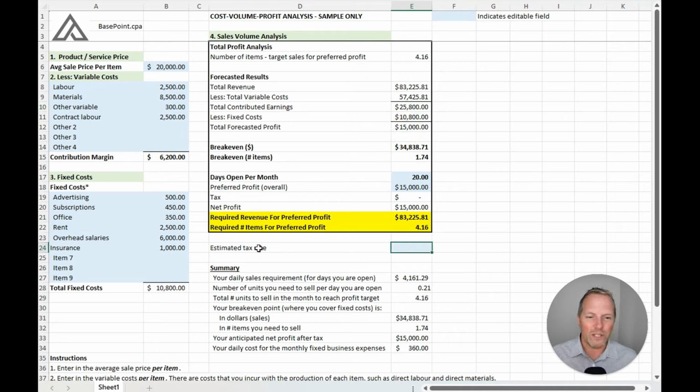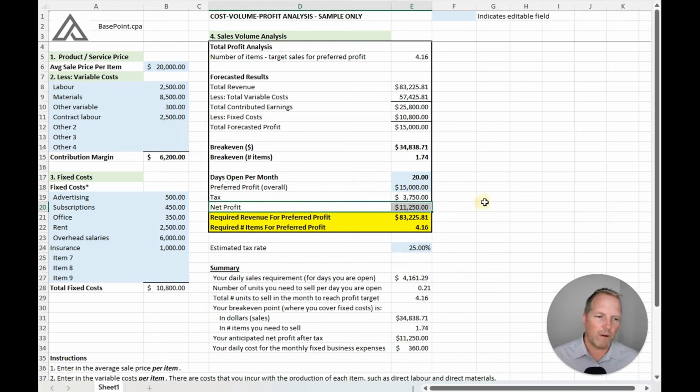Looking at the tax amount here, you want to be able to account for the tax implications as well. So let's say you've got a 25% effective tax rate, so you plug that in here. This is going to change what your net profit that you take home will look like. If we back that out here, you'll see there's obviously no tax on this tax line, but if you add in the tax rate, say 25% effective, now you've got a net profit amount after tax.